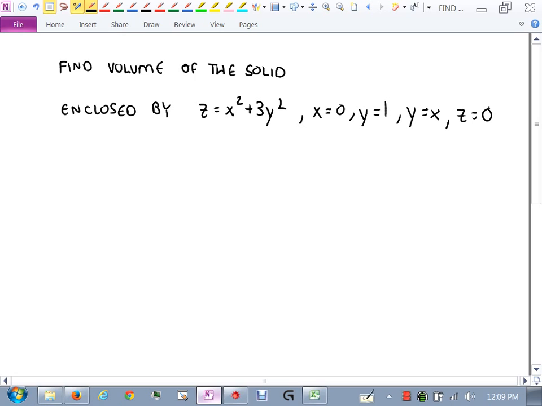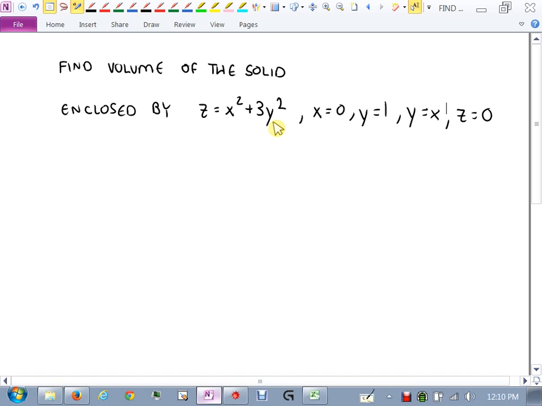So let's talk about each one of these, what they are geometrically. In three-dimensional space, what is z equals x squared plus 3y squared? In 3D, because two of the variables are squared and there's addition between them, it's a paraboloid.